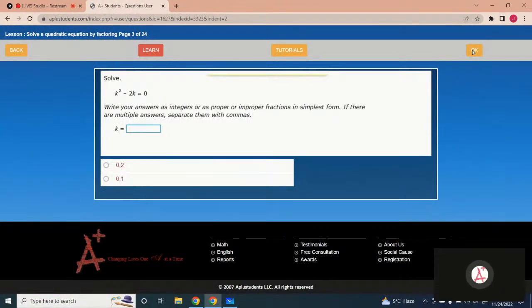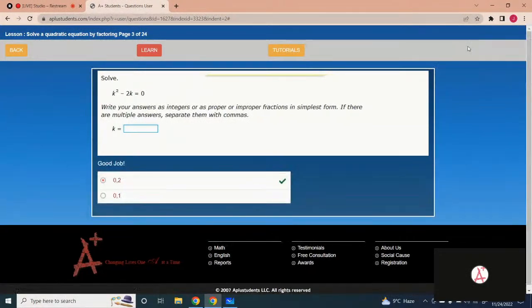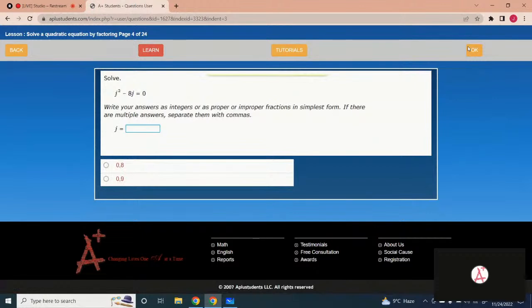Okay, k square minus 2k equals 0. So the k has the two values. They are 0 and 2. Got it? Okay, j square minus 8j equals 0. So j has the two values. They are 0 and 8. Got it?